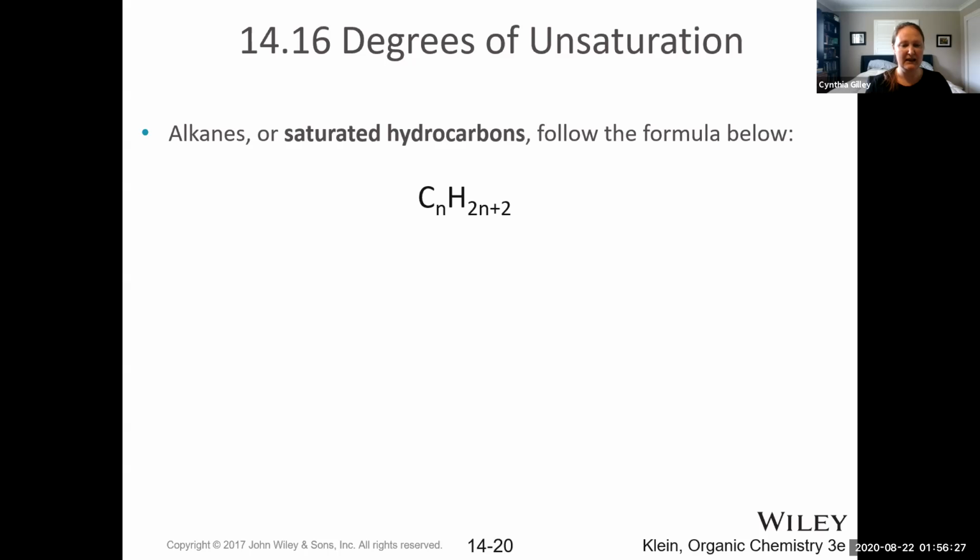So for example, for pentane we would have C5, and the number of hydrogens would then be 2 times 5 plus 2, or 12. So for any acyclic alkane, not a ring, it will match this formula, right? There will always be 2 more than twice the number of carbons in hydrogens.